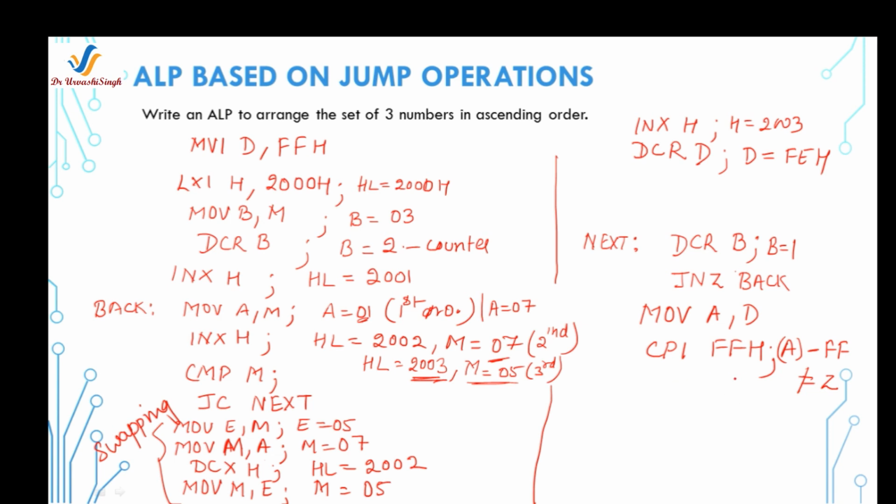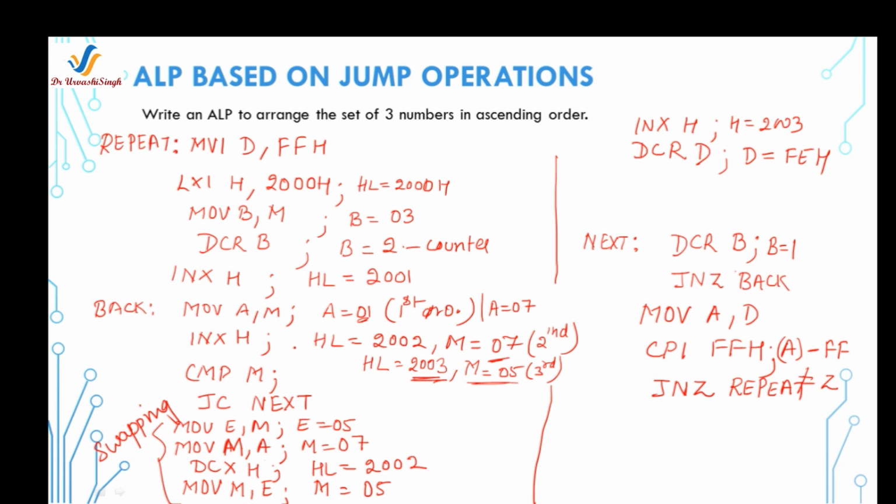And in this case you have to repeat the whole operation once again. So that's why I am using the instruction JNZ repeat. And once again the total program will run.